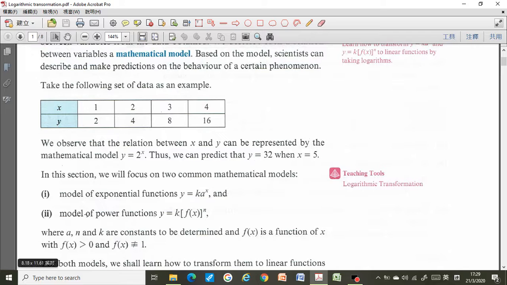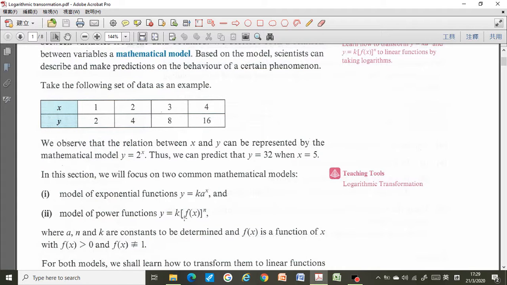Similarly, there is another function which is called the power function. Just like you learn about quadratic, y equal to x squared is the simplest one. You find that f of x is just x, and k is 1 and n is equal to 2, so it's y equal to x squared. But actually we do not know what the k and what the n are.